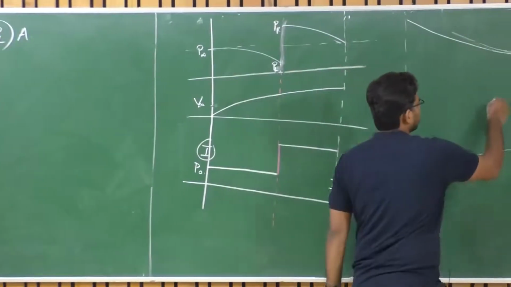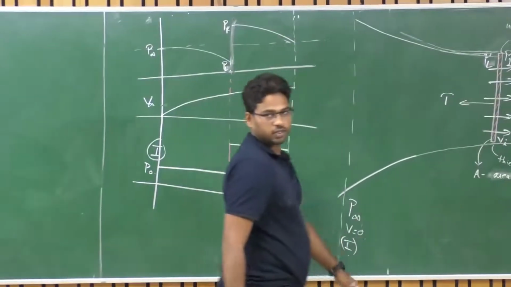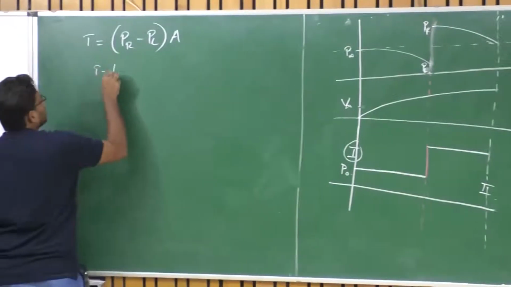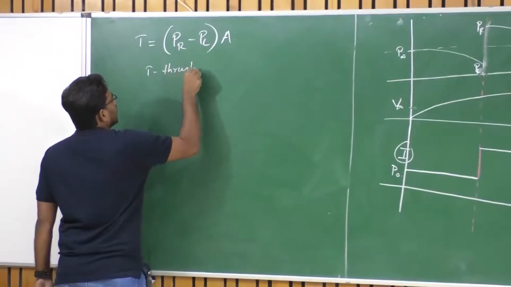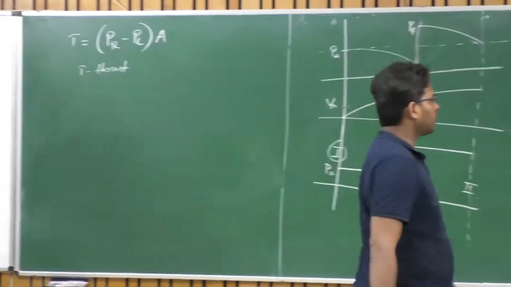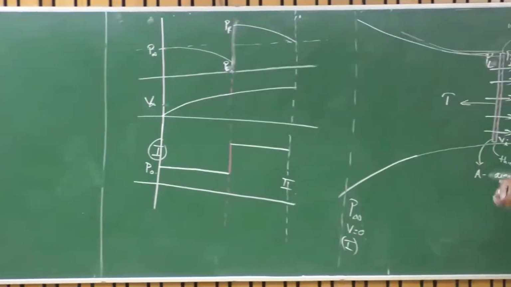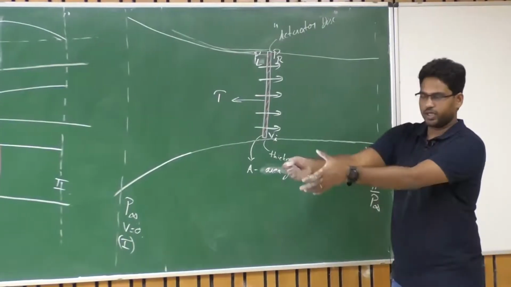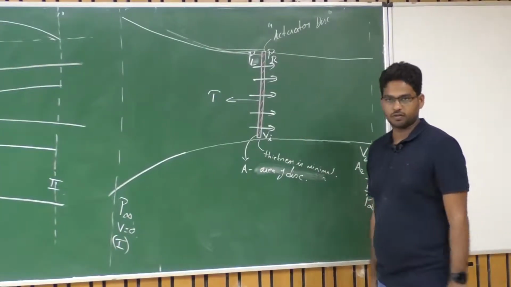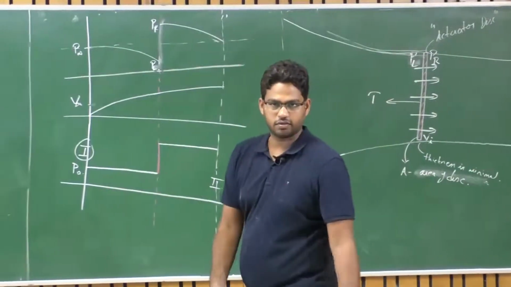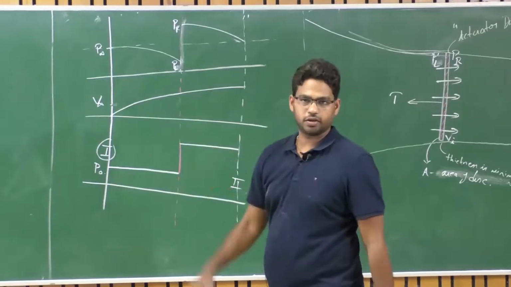So let us say this particular force is known as T, which is thrust, right? Where T is the thrust acting on the disk. For example, if I rigidly hold this rotating disk, I will also experience the same force T, right? If it is more than my frictional force, then I will try to move in that particular direction.